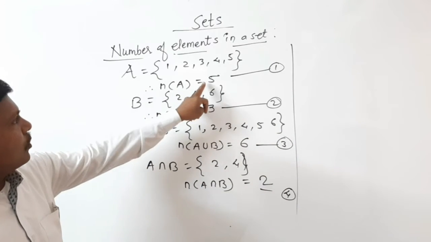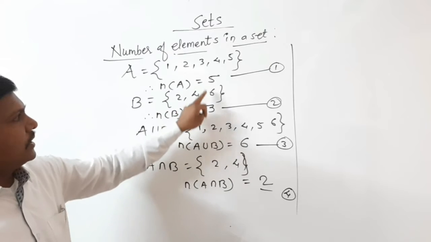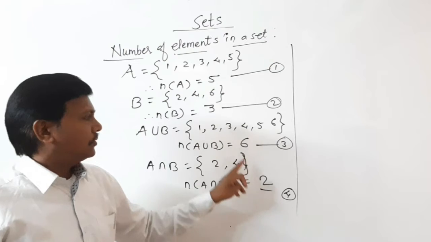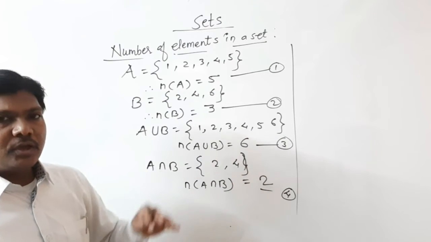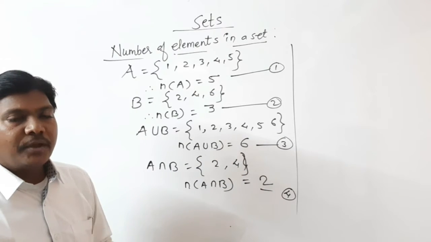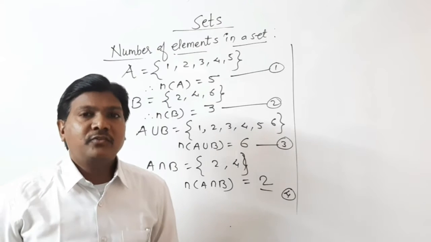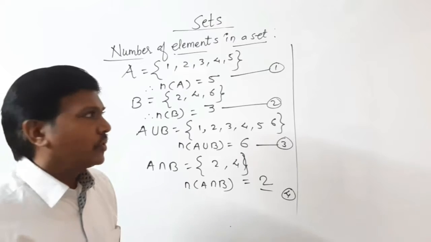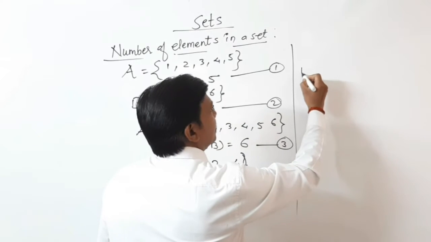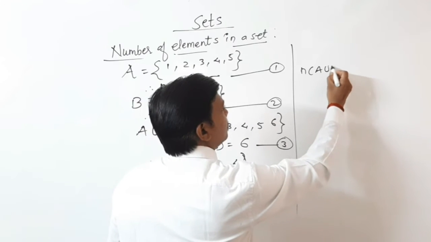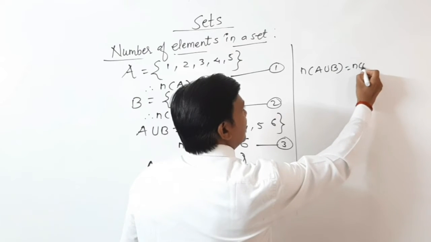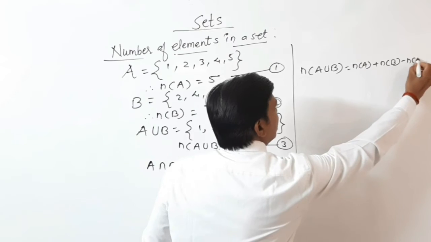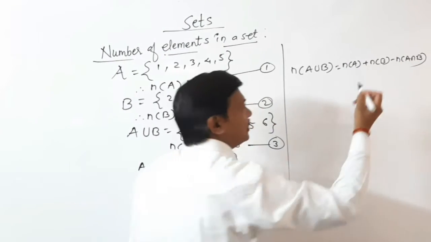So the sum of this n(A) plus n(B) is 5 plus 3, 8, 8 minus 2, that is 6. So here one formula is formed, that is important for our next exercise, application of sets, means word problems. So that formula is n(A union B) equals n(A) plus n(B) minus n(A intersection B).